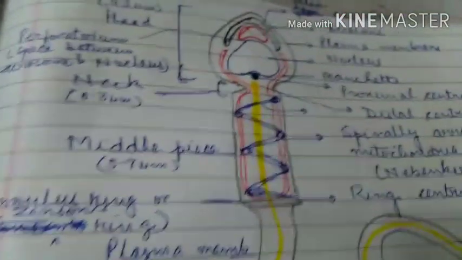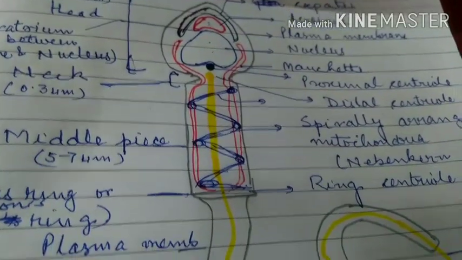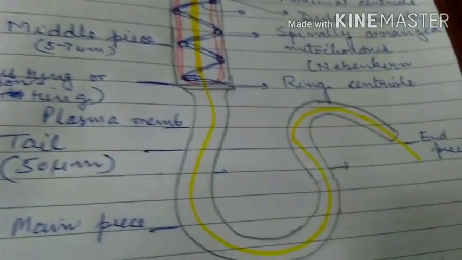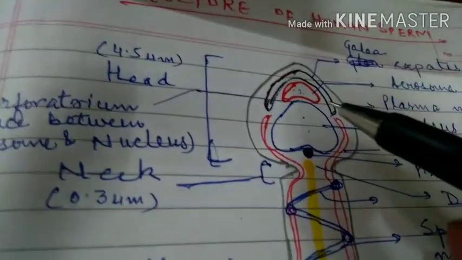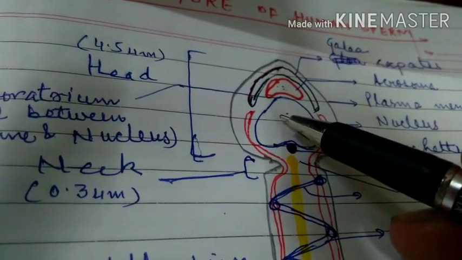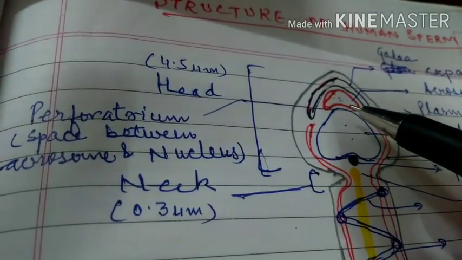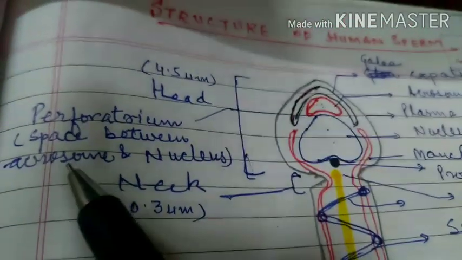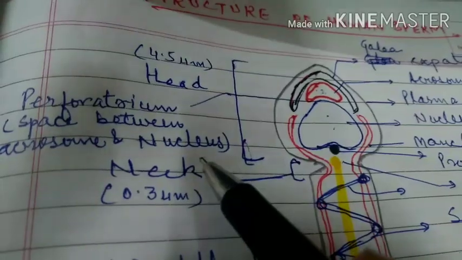So this was the structure of the sperm, and I have given you the different parts and their roles. There is also a gap between the acrosome and the nucleus. This gap is called the perforatorium. It is a space between the acrosome and the nucleus.